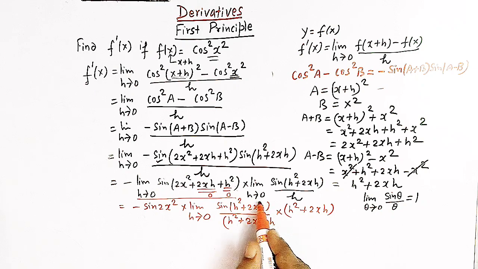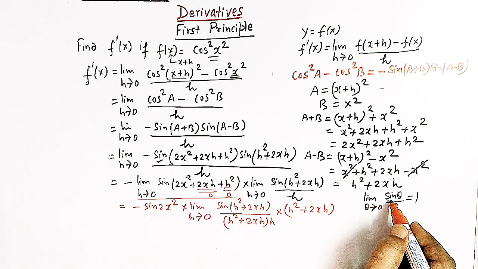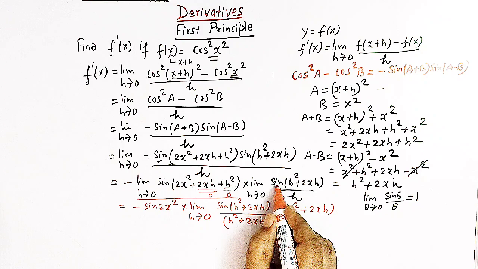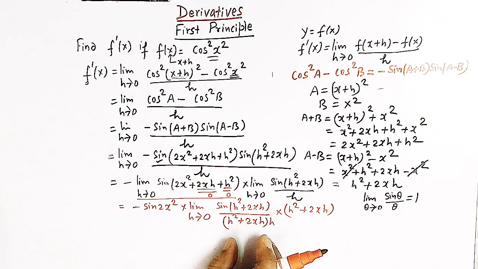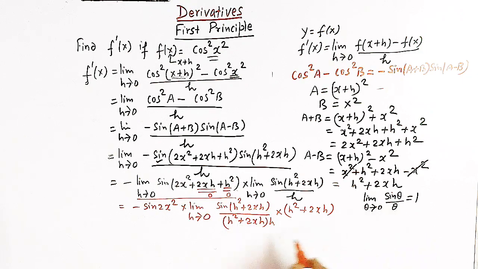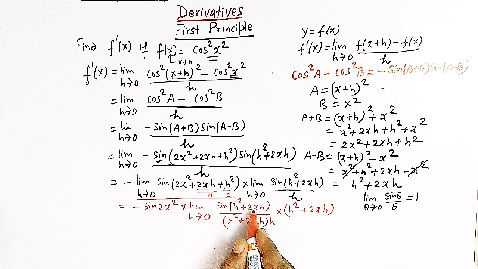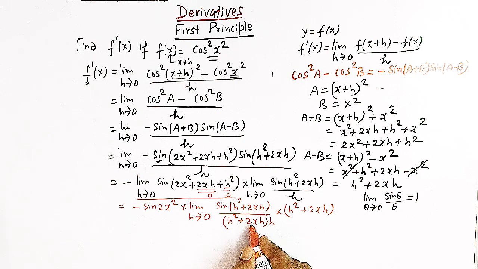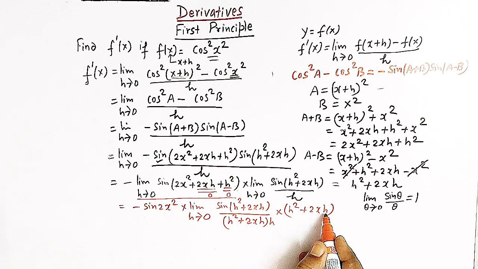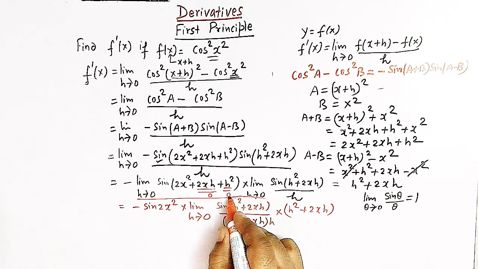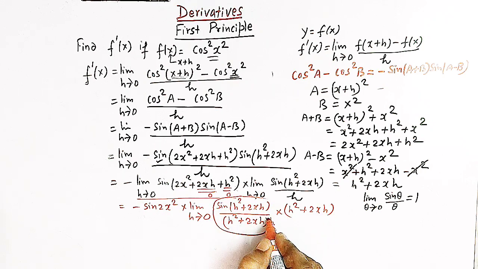Because here we would like to have a form of this kind, that is sine theta over theta, and here theta is h square plus 2xh, right? So in the denominator also we should have this theta, so we can write h square plus 2xh, but since we are having an extra term, we have to compensate it, so we have to multiply the numerator by h square plus 2xh, right? So now see we have this term, that is sine theta over theta.